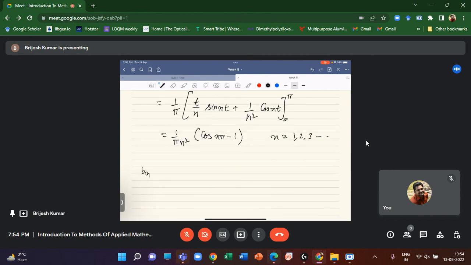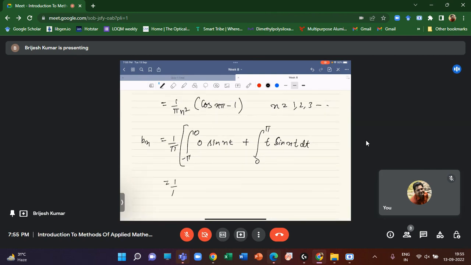Similarly, we will get bn equal to 1 upon pi, minus pi to pi, f of t. We will just split minus pi to 0. This will become 0 sin nt plus 0 to pi, it will be t, and this will be sin nt, so sin nt dt.